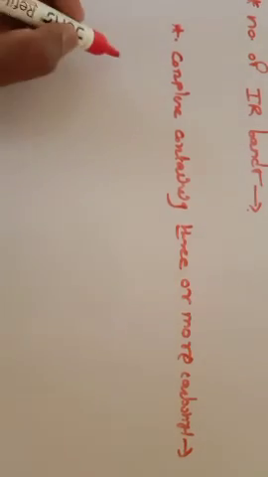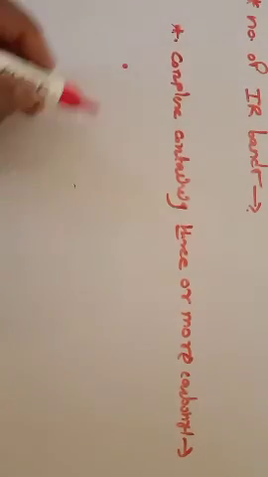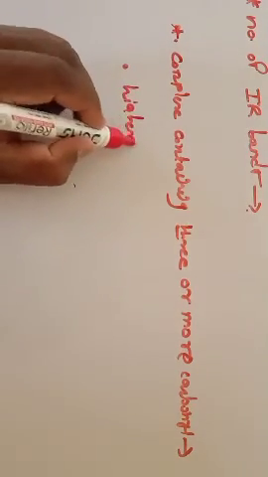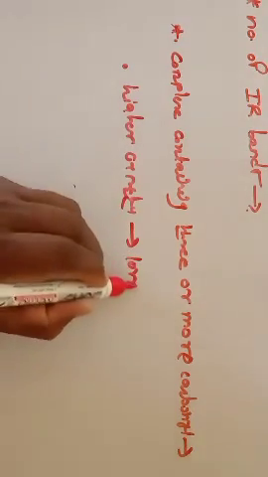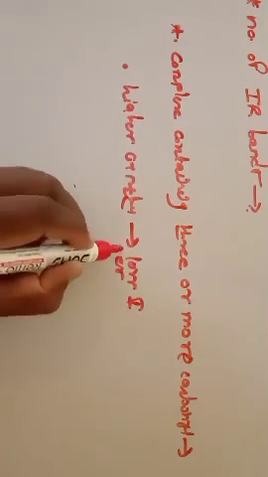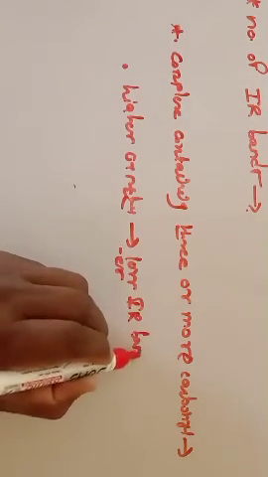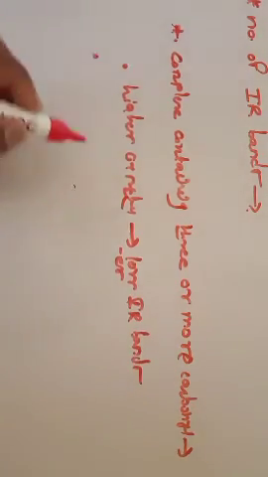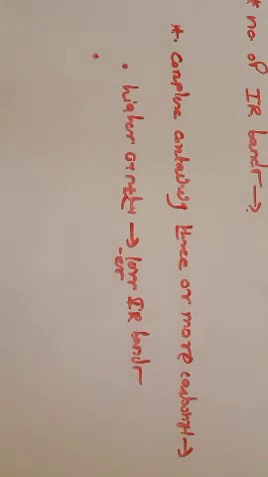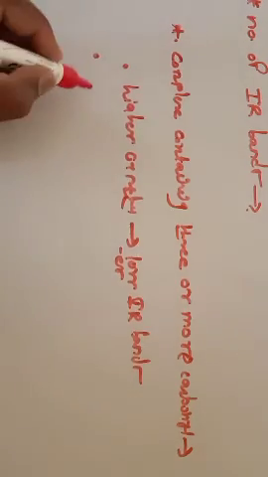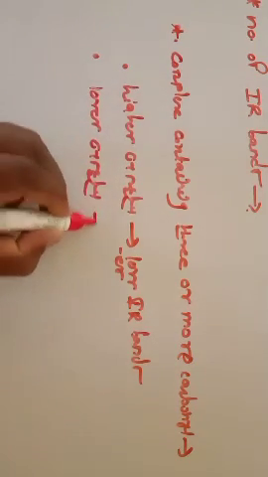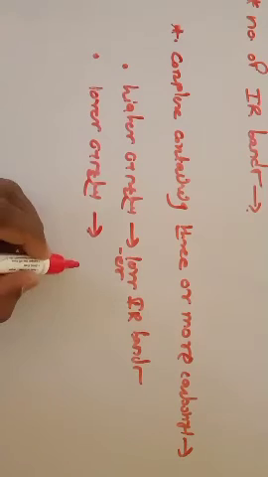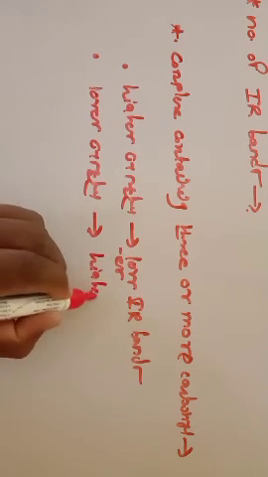The first important point is that a complex with higher symmetry has fewer IR bands. Higher symmetry means the molecule is tetrahedral or octahedral, and then there is only one IR band, because all carbonyls are equivalent. Second, lower symmetry has more IR bands.